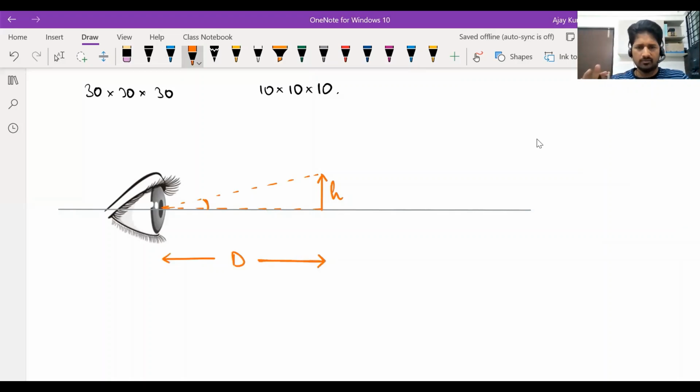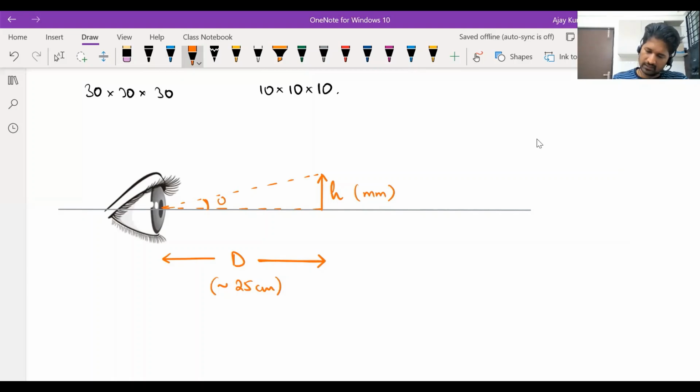It's a small object. The height h is very small. In this diagram, we have shown a large height actually, but this is usually in millimeters. And d is approximately 25 centimeters. So there's a significant difference between h and d. h is a small height. It's a small object.